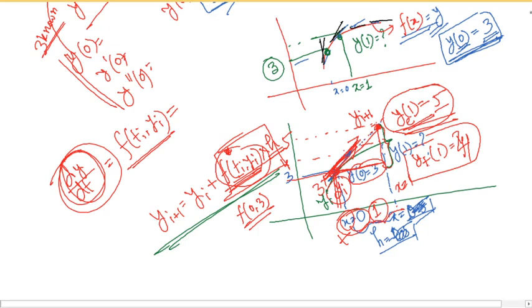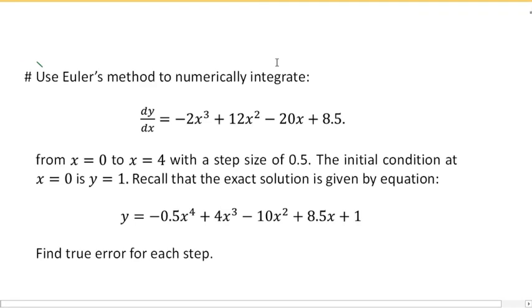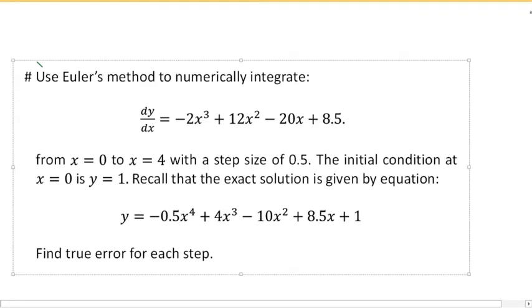I will now be importing the question here. This is the question for us.